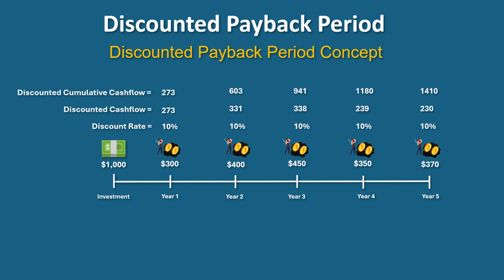After year 1, $273. After year 2, 273 plus 338 equals $942. After year 3, 942 plus 239 equals $1,181. Our initial investment of $1,000 lies between year 3 and year 4.